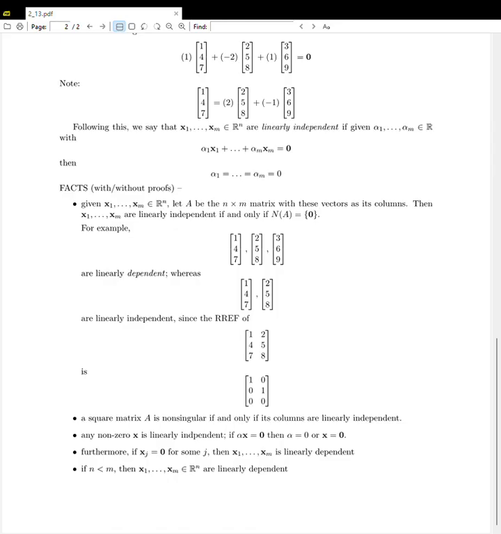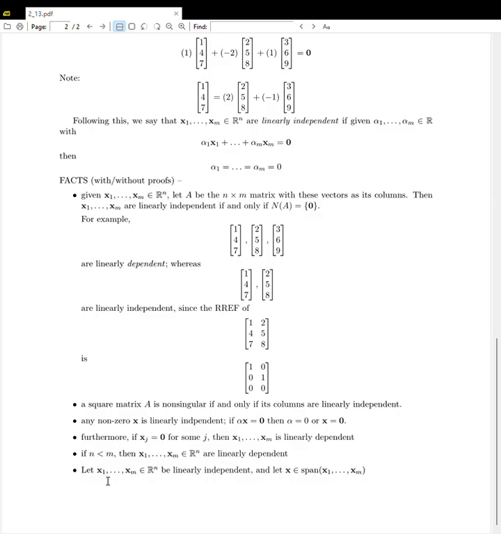And let's end today with an actual proof this time. And in particular, we'll bring us back around to the span, and this will reveal a very powerful and important fact.